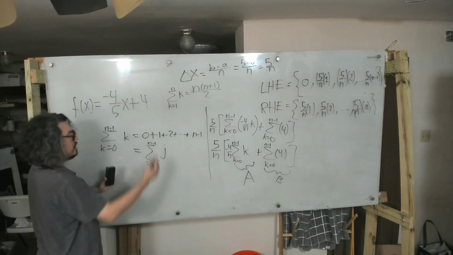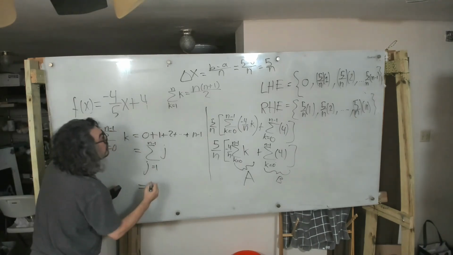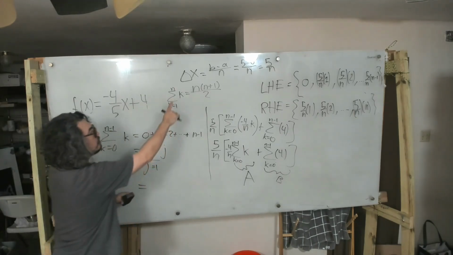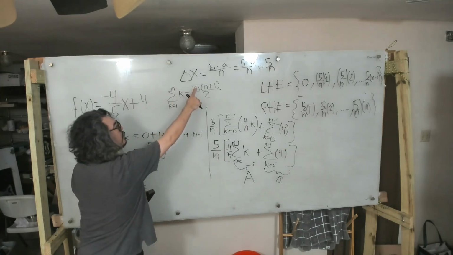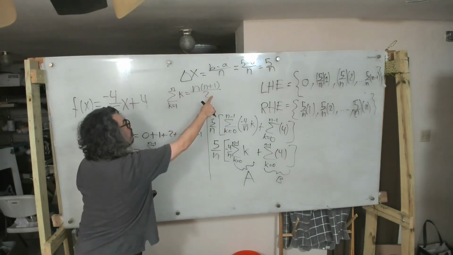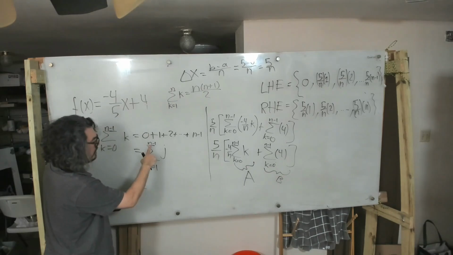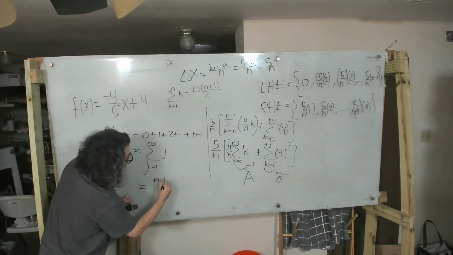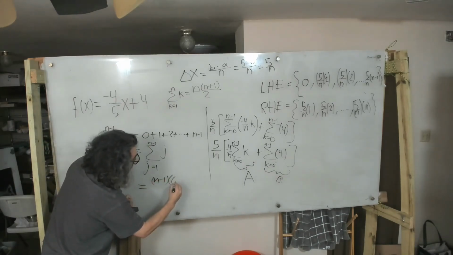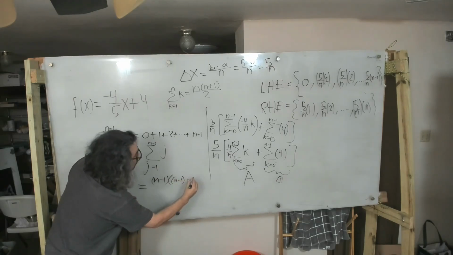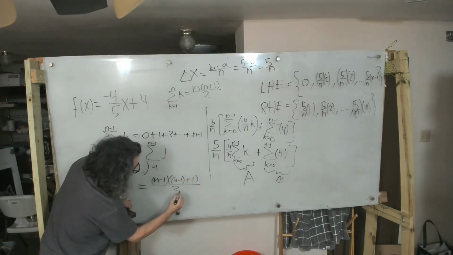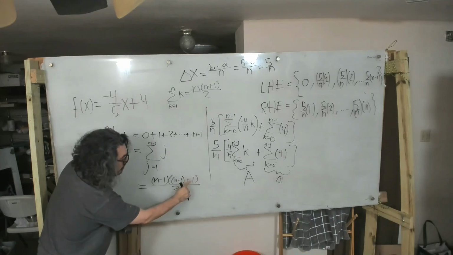Now notice it's in the same form as this, so I can plug into this formula. The top limit here is n minus 1, so it'll be n minus 1 times n minus 1 plus 1 over 2. So n minus 1 plus 1 is just n.